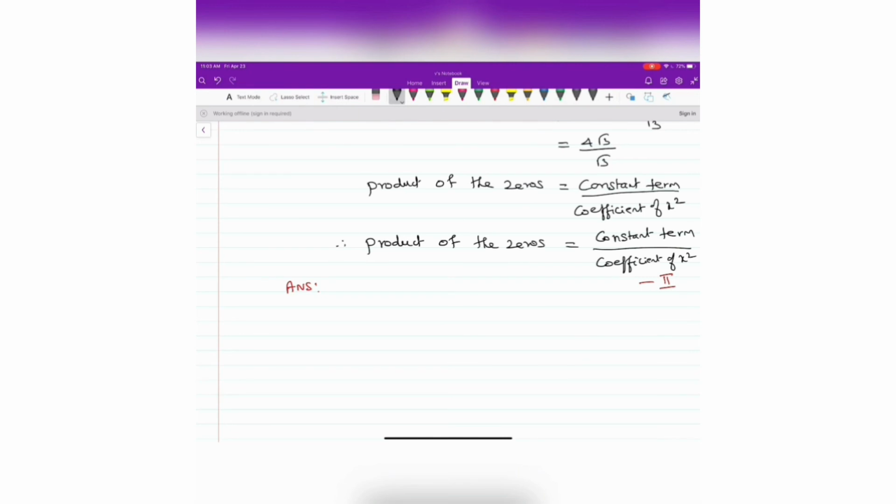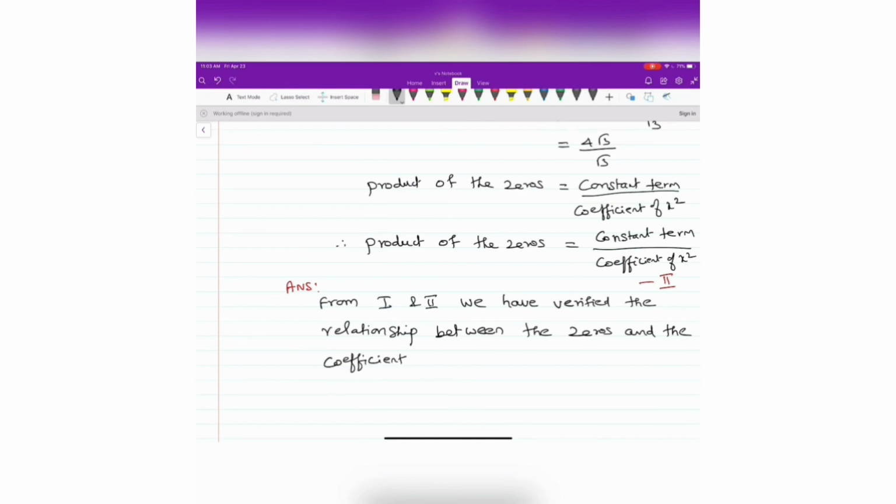Answer: from 1 and 2 we have verified the relationship between the zeros and coefficients of the given polynomial or the given quadratic polynomial.